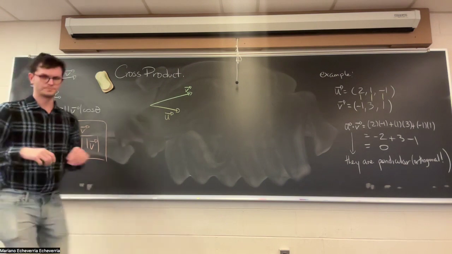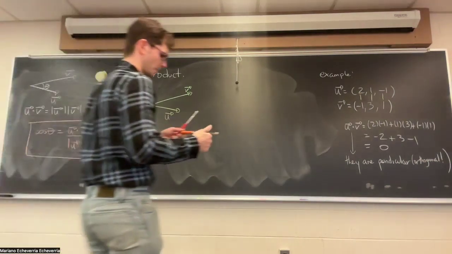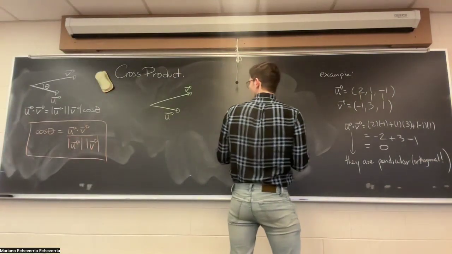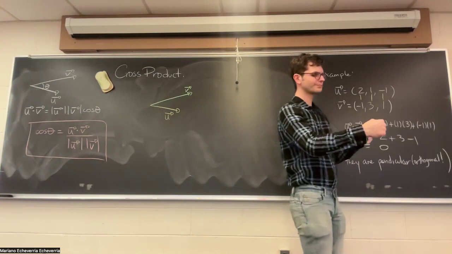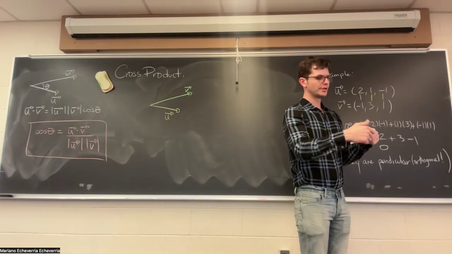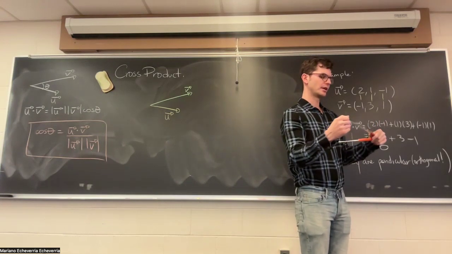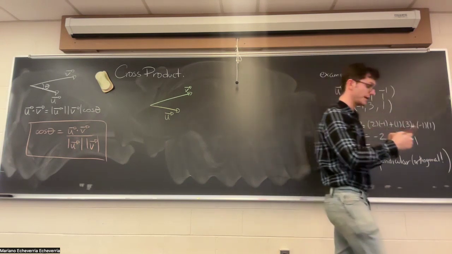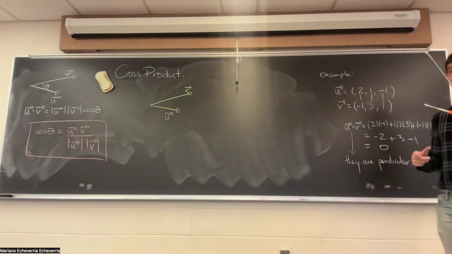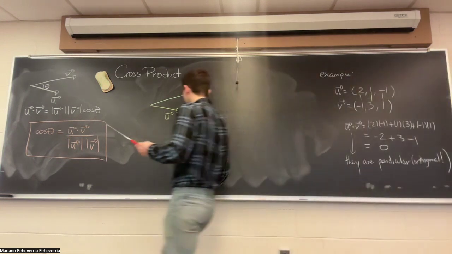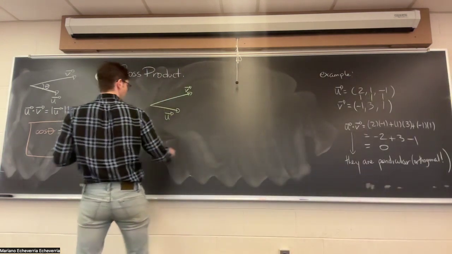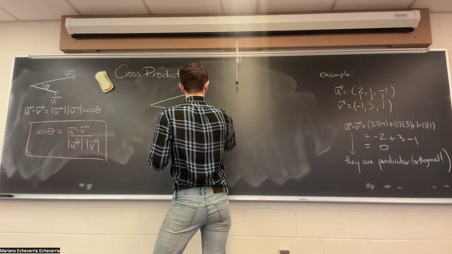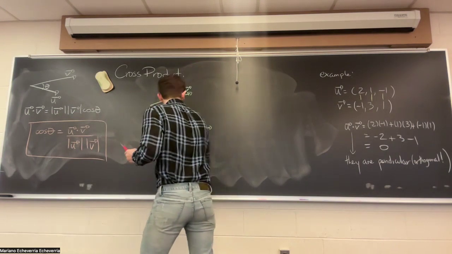So you have two vectors, right? I'm going to multiply them in a different way. This is going to be called the cross product. So let me tell you what this is supposed to be like. I'm going to do something that I'm going to call U cross V.